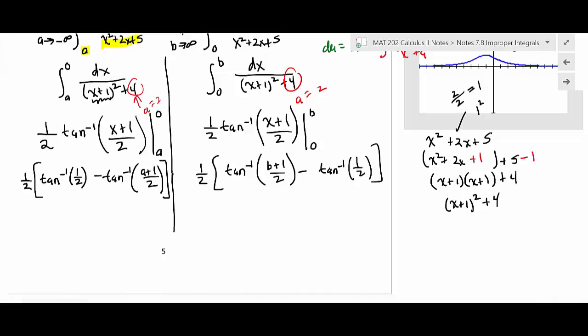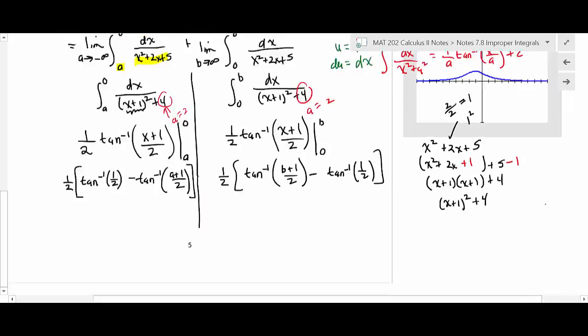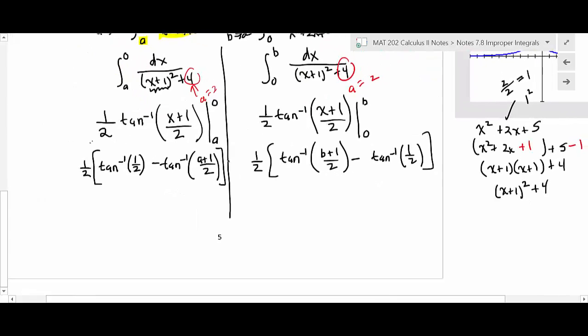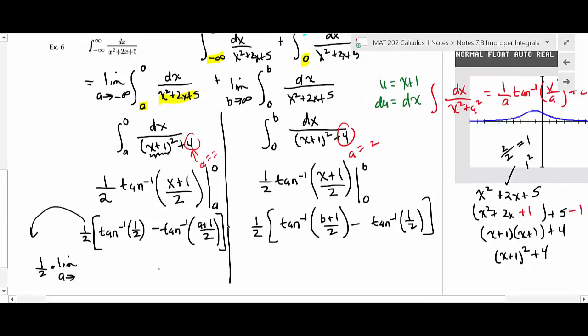Okay, now when we do this, we're pretty well ready to go through and start thinking about the limit and seeing what we have here. So let's now think about just doing the limit. Okay, so let me move this around a little bit. We'll do all this kind of in our head. So we're going to bring the half out, and we're going to do the limit. Now this time we're doing a approaches negative infinity.